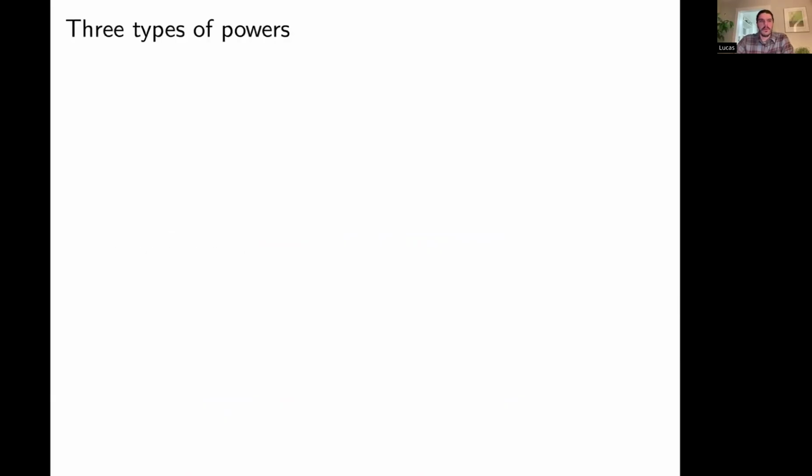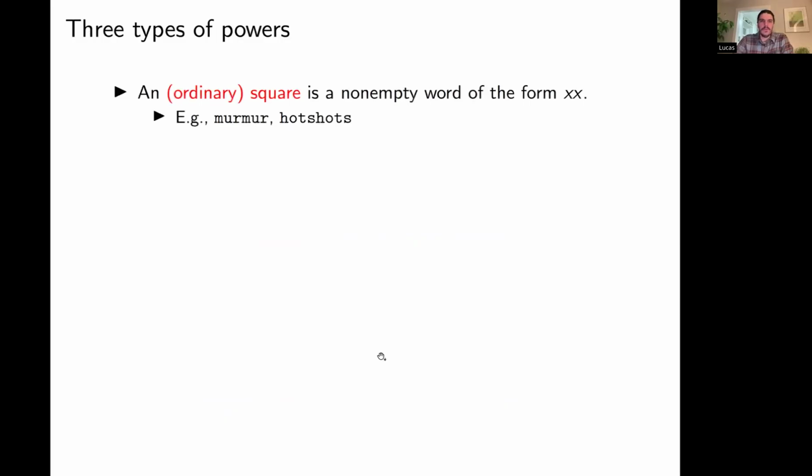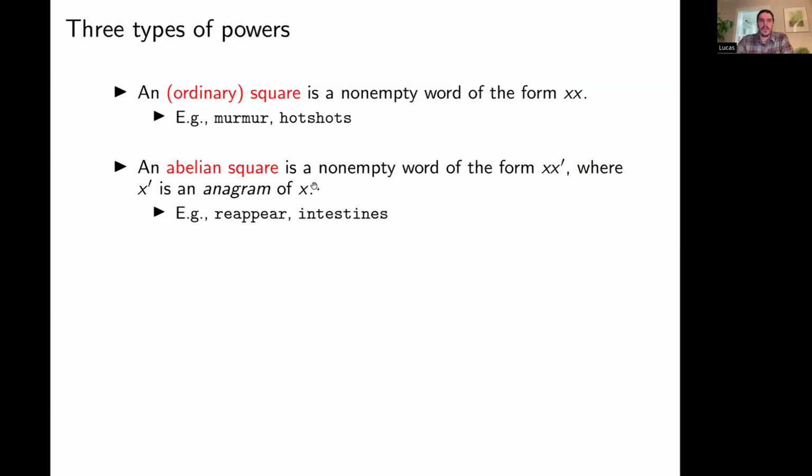So this will be familiar to people, but an ordinary square is a non-empty word of the form XX. For example, we have murmur and hotshots. And we're going to be interested in two variations of ordinary squares. An abelian square is a non-empty word of the form XX prime, where X prime is an anagram of X, so they have the same number of every letter.